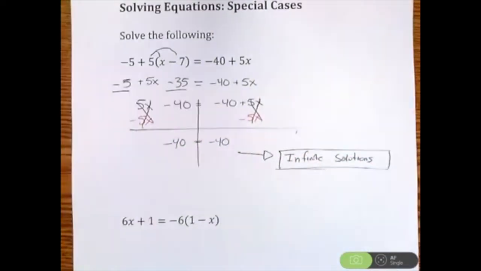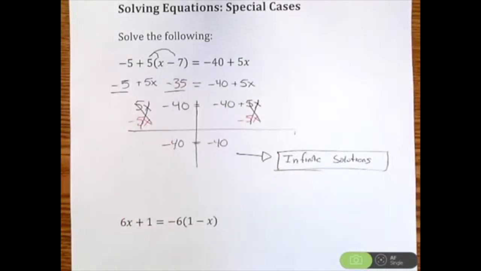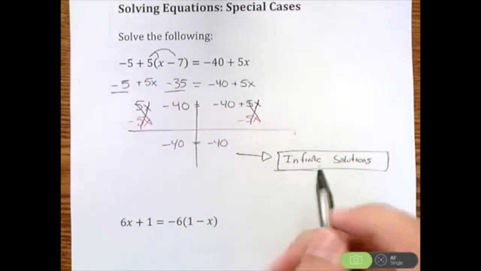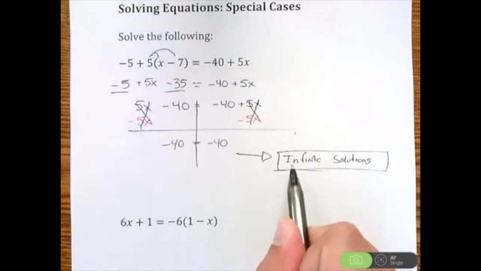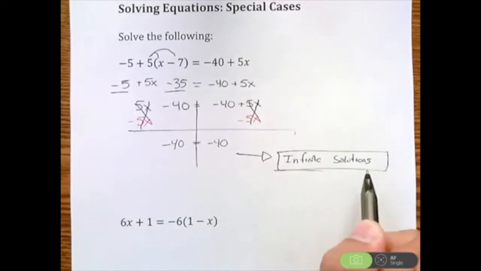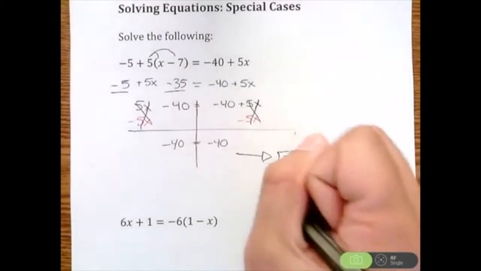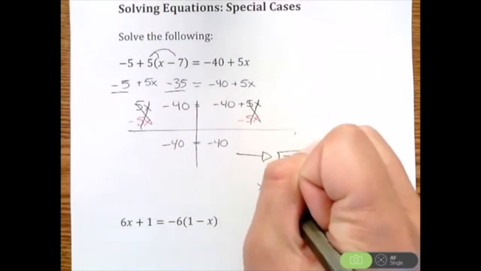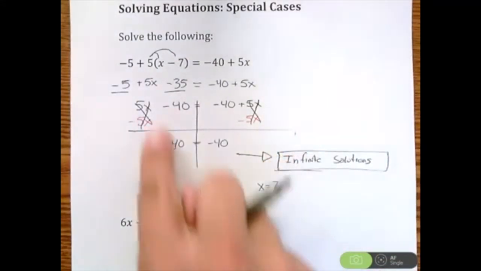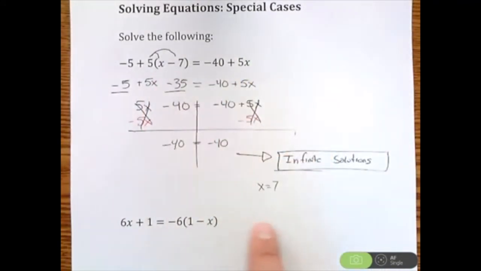A little more on what that means: say I wanted to go back and check my answer. Infinite solutions means any number you can think of will be a solution to this problem. If I use x equals 7 and plug it in on both sides, it's going to work.